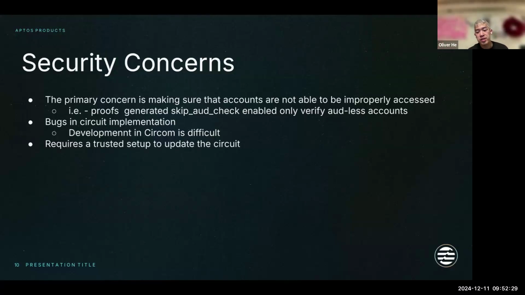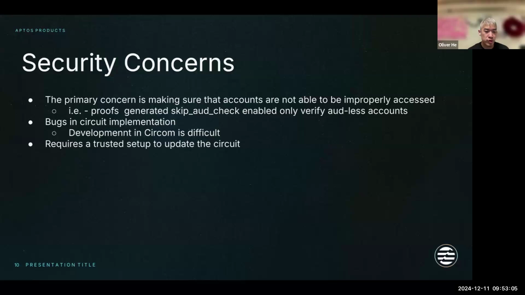Since in this oddless mode the odd value is set to the empty string, and that's used to calculate the IDC, that effectively makes it so that the scope of such proofs is limited to accounts that are in oddless mode. So proofs that are generated in skip odd check are only able to be used to verify their appropriate oddless account, and vice versa. When the skip odd check is disabled, it can only be used to verify transactions appropriately.